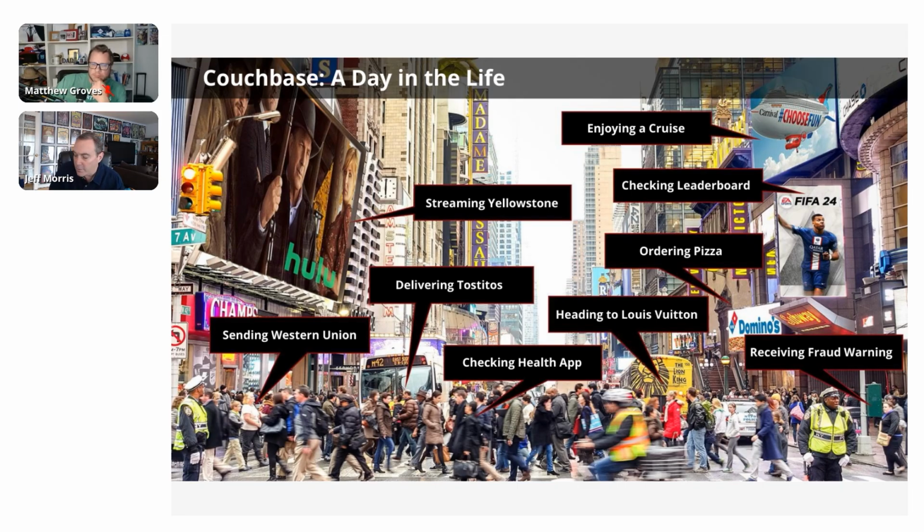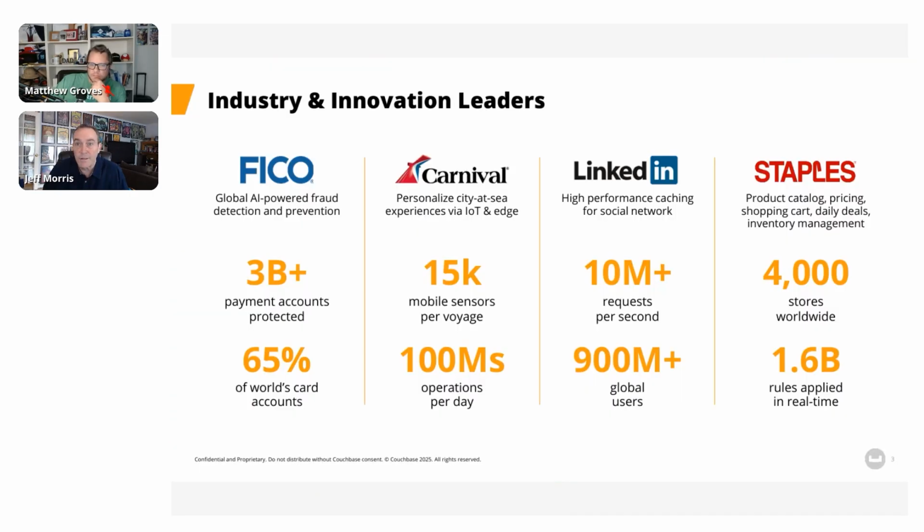And I think that whole exercise is what we'll continue to discuss as we go through here. It's 3 billion accounts handled by FICO, protecting 9,000 banks from fraud. One of your favorite vacations we were just talking about is being at sea. Carnival's using us there. They're an automated city at sea.